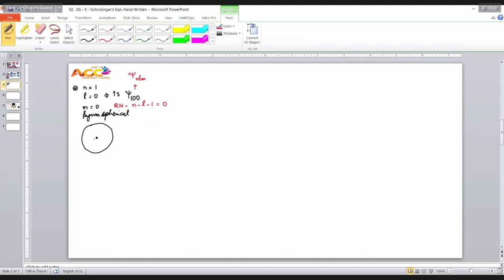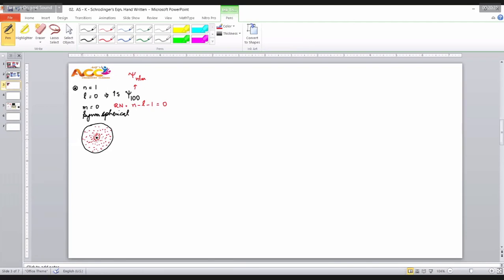Now, if you want to locate the electron probability, how is probability indicated? See the figure carefully. See the way of the diagram which I am drawing. Are you observing something special here?